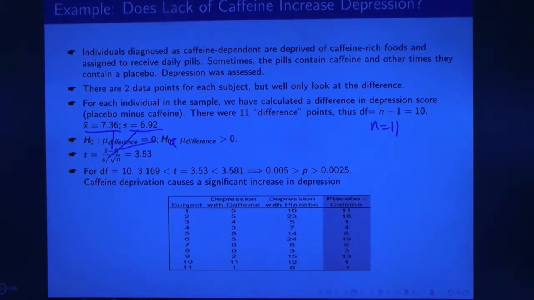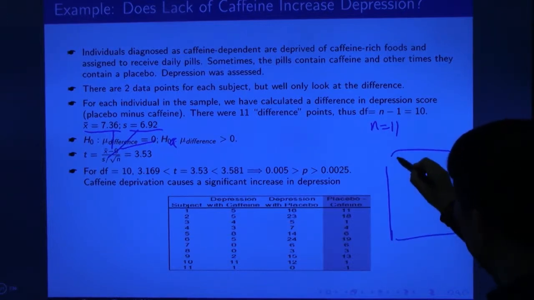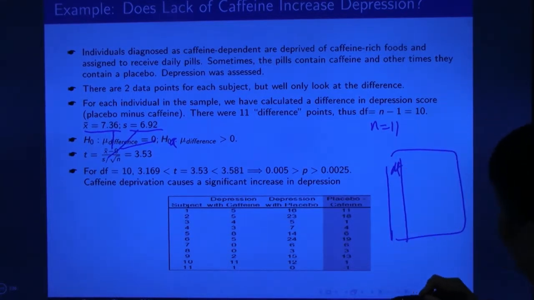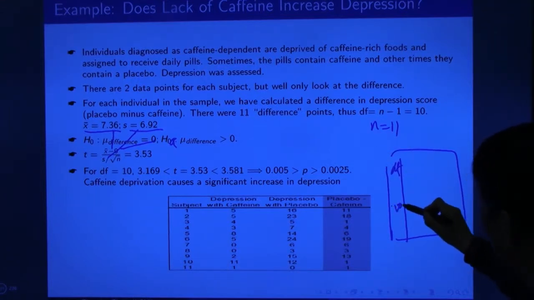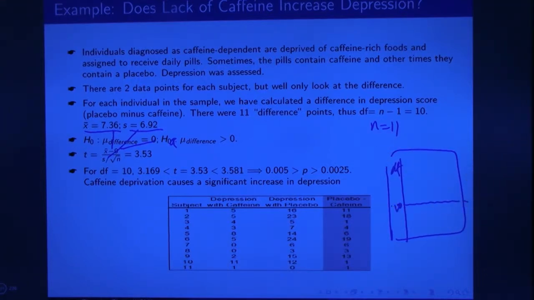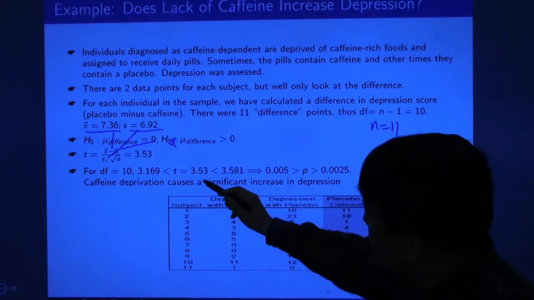Now we need to use table D because this is a t-test. In table D, this here is again the degrees of freedom, so we are looking for 10. So this is 10 here, and we are interested in this line. And in the center of table D is the t value.